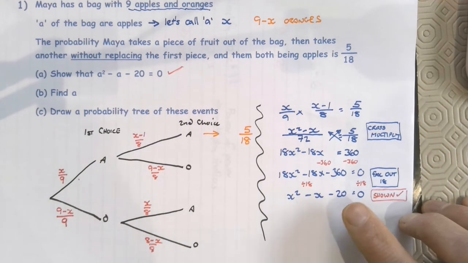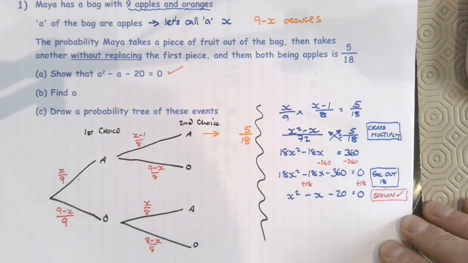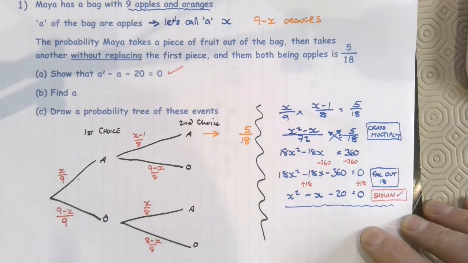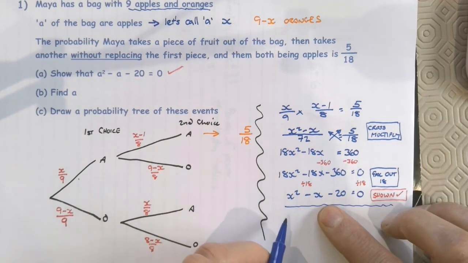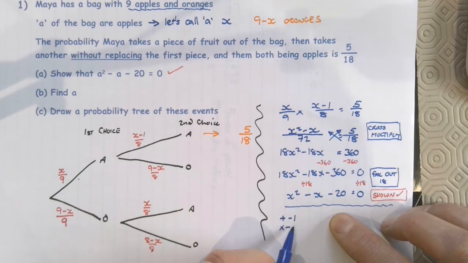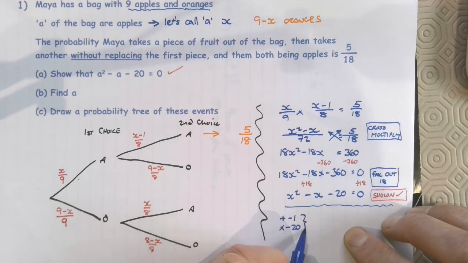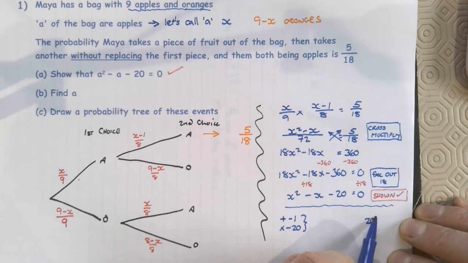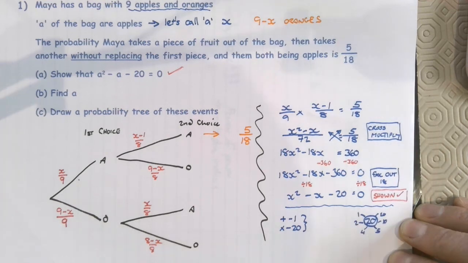Now we've got to find a. Okay, so let's do that. So a is x, isn't it? So I need something that adds to -1 and multiplies to -20 in a factorising quadratics sense. So if we've got 20 and we do the factor bug, it's going to be 4 and 5, isn't it?